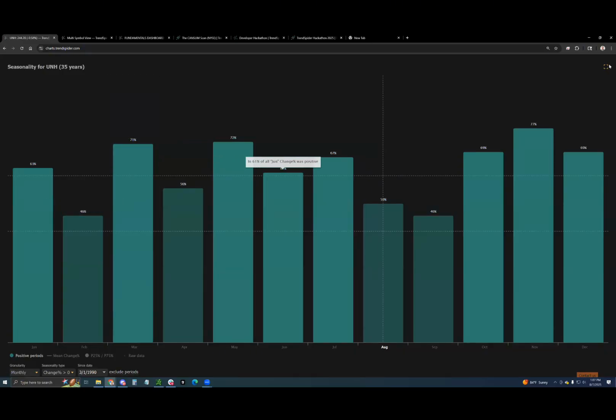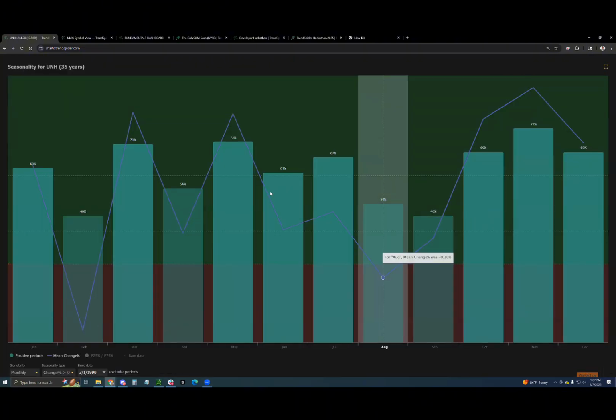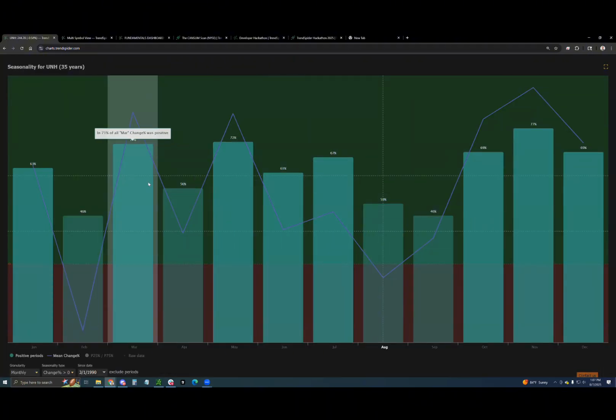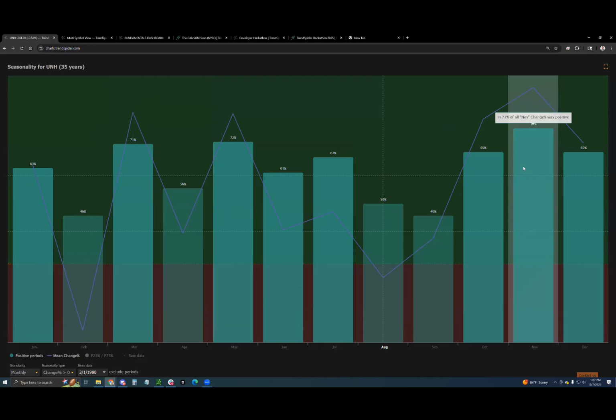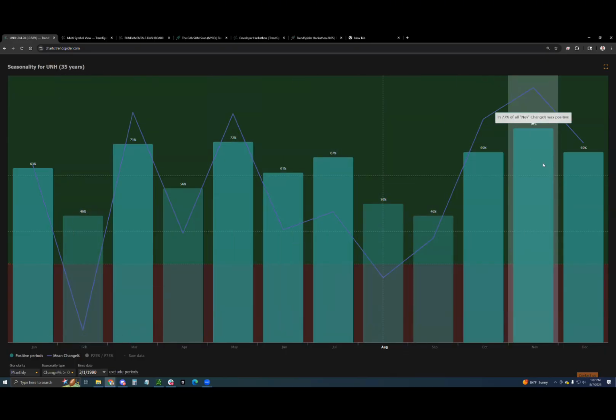And then we can also do mean change percent. What this is saying is that UNH, you see November is its best month because 77% of the time in November over the last 35 years, UNH has been green that month and by an average change of about 4.64%.